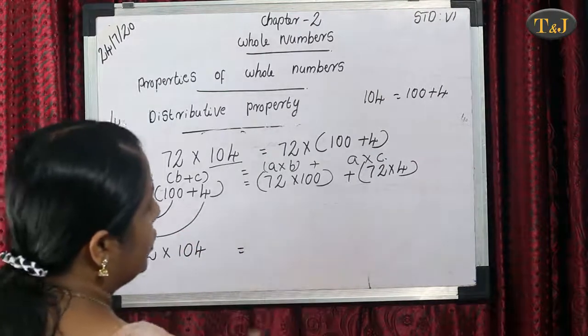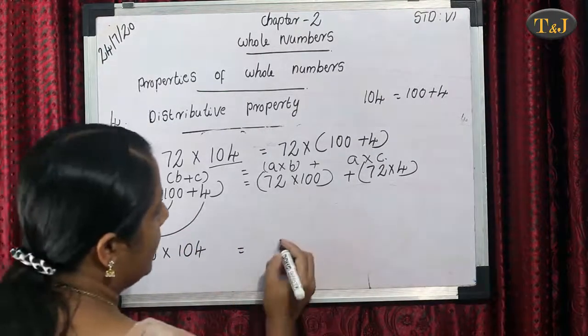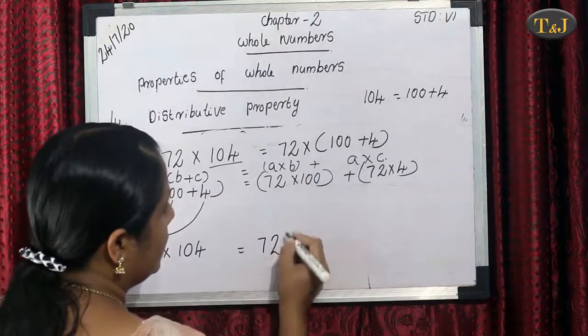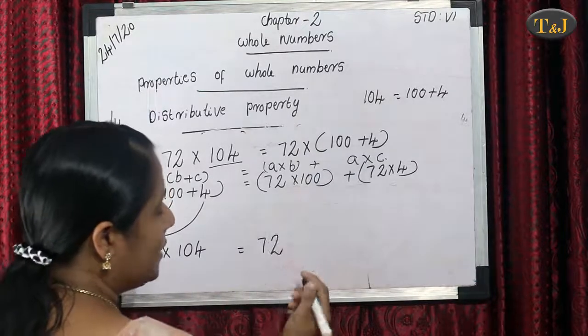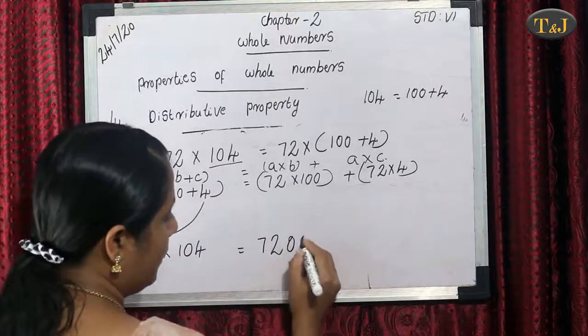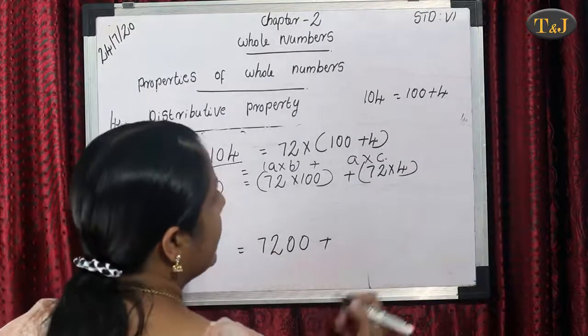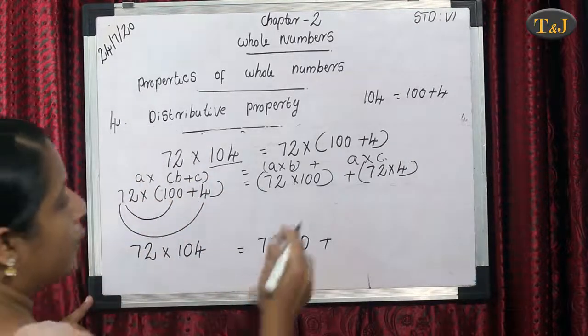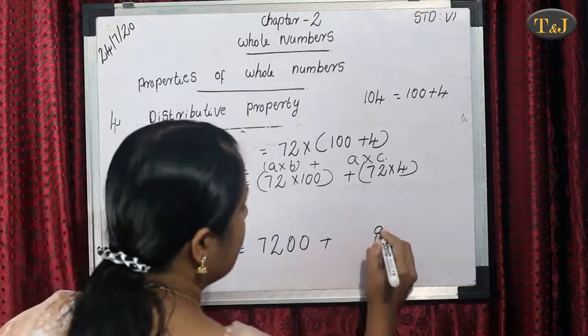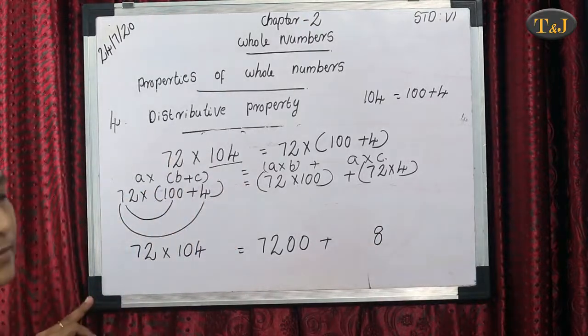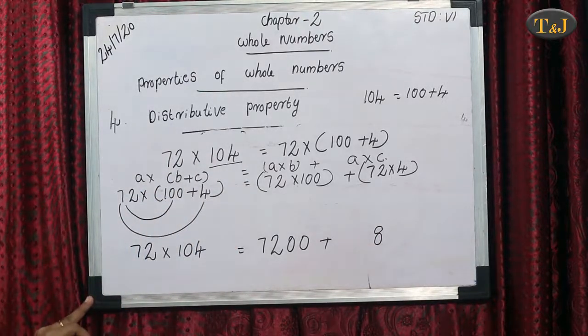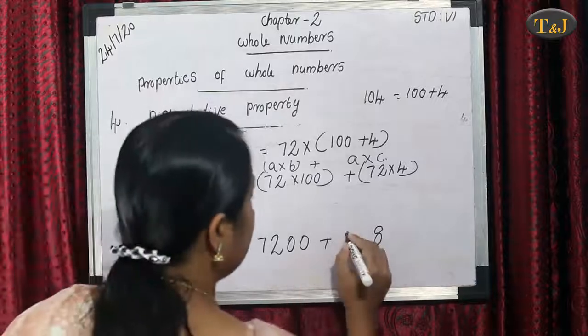Then here 72 multiply 100 equals 72 into 1 equals 72, then put 2 zeros, and then 7,200 plus, then 72 multiply 4, then 4 2s are 8, then 7 4s are 28.